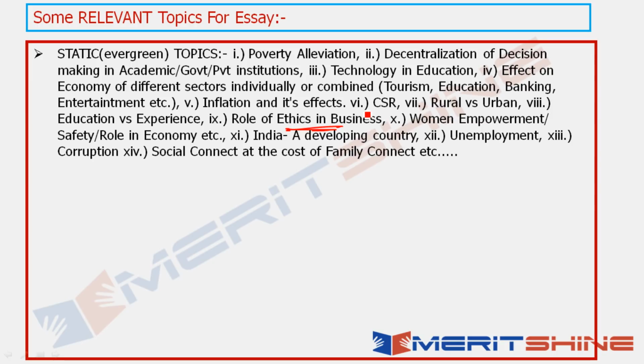Next, the 10th one: women empowerment, safety, role in economy. All three are very important topics, and they are related and connected. To write about one, you'll have to mention the other. Women's safety in the workplace is such a relevant topic today.